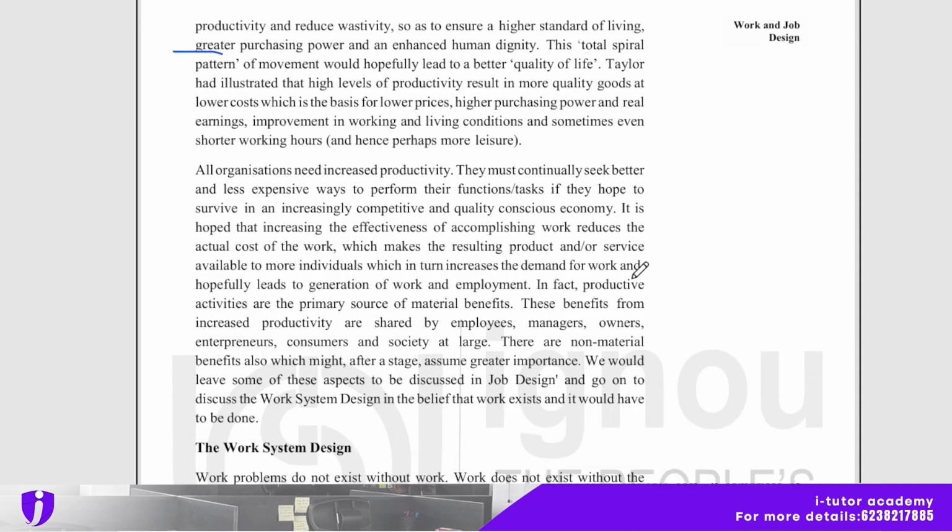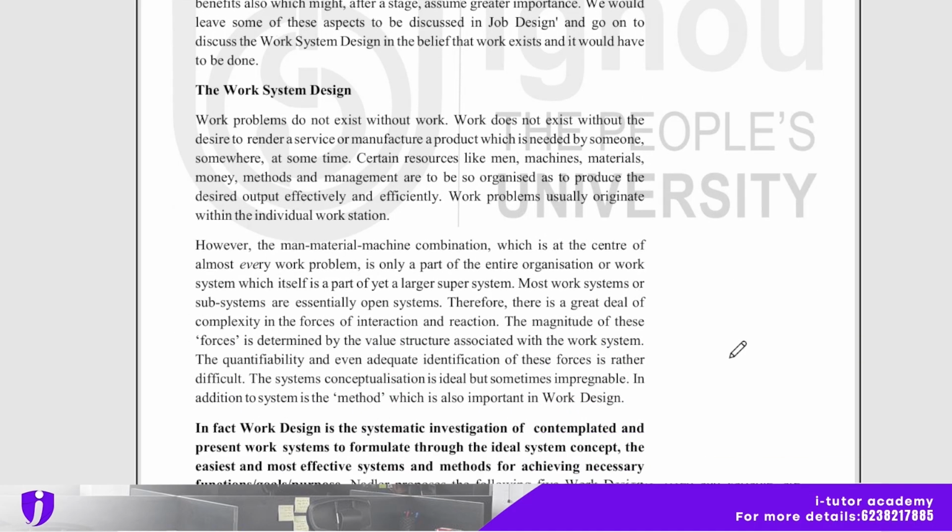All organizations need increased productivity. They must continually seek better and less expensive ways to perform their functions and tasks if they hope to survive in an increasingly competitive and quality-conscious economy. In work system design, work problems do not exist without work, and work does not exist without the desire to render a service or manufacture a product which is needed by someone, somewhere, at some time.